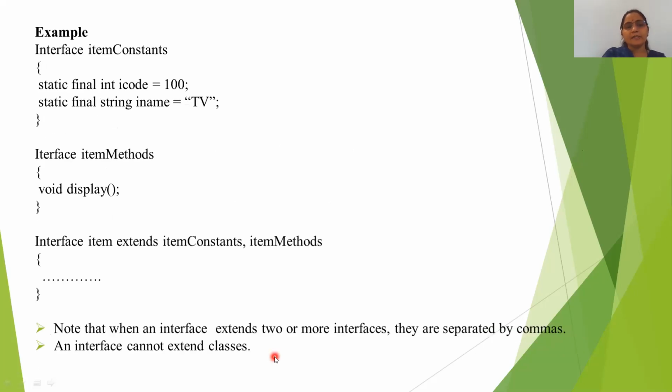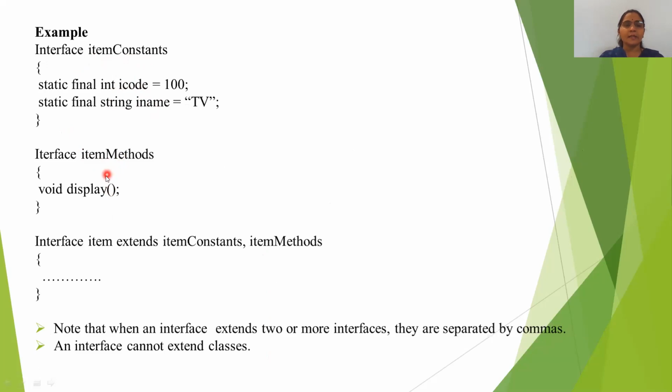This is the example. With this example, you will get a clear idea about the interface. Here, first of all I declare the item constants as an interface, and into that I declare only the final variables, final icode and final iname. In the second interface, I separate the display method and put it into the item methods interface.